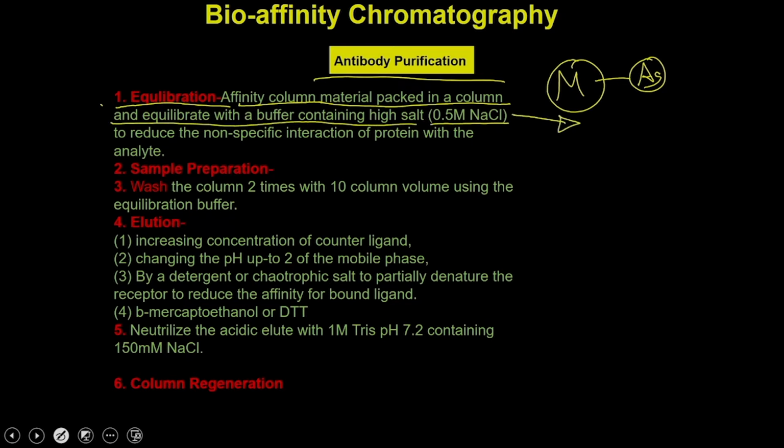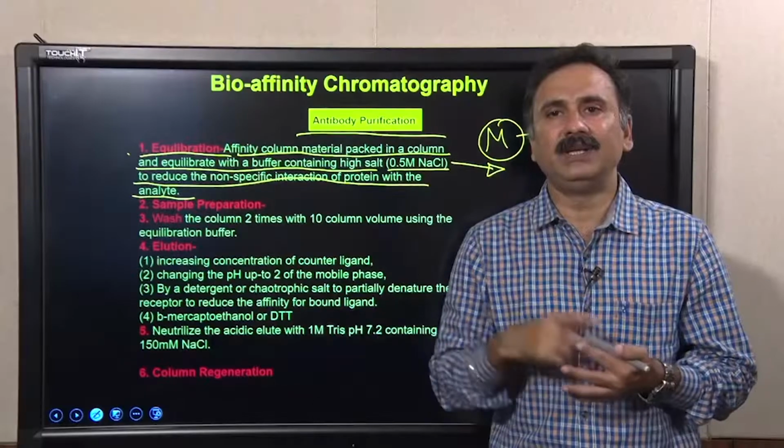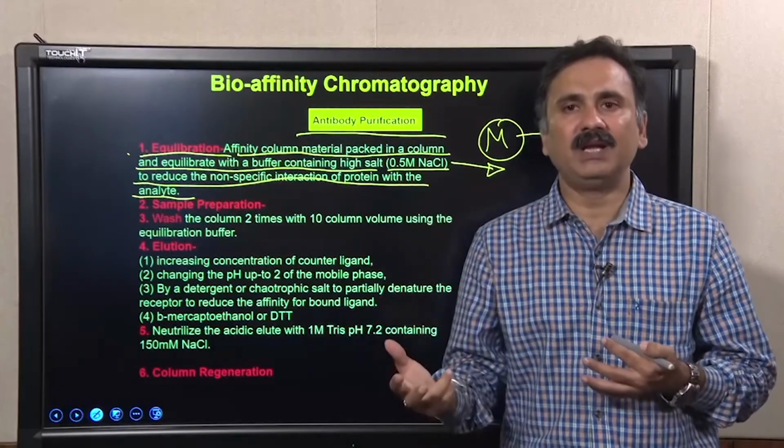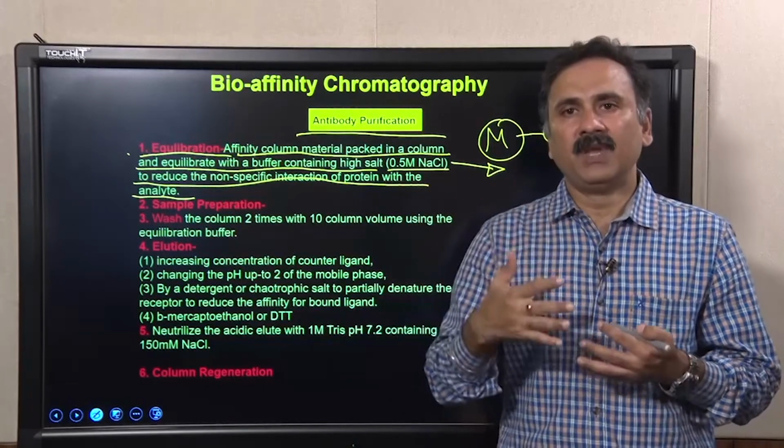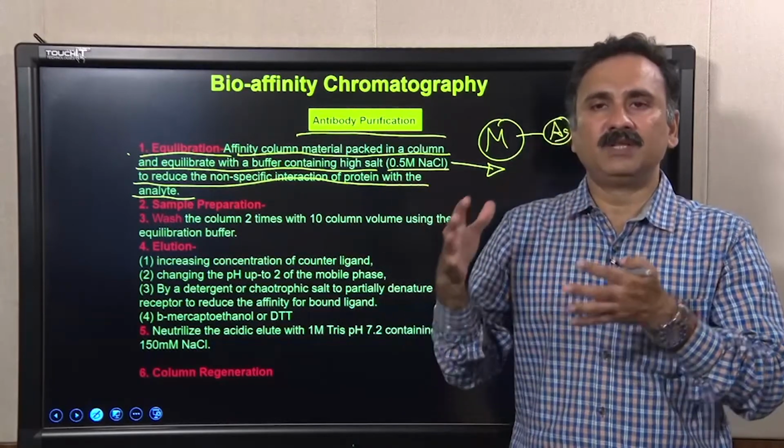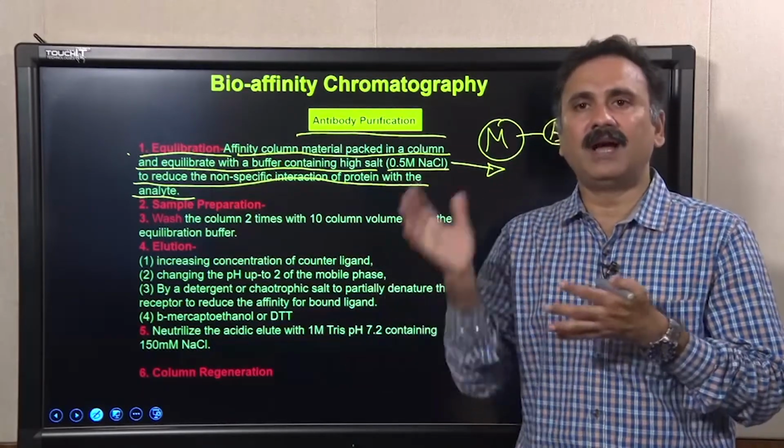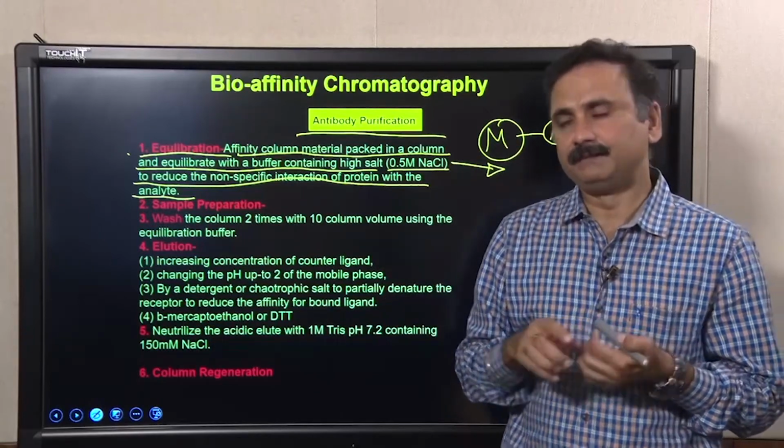This is because you want to reduce the non-specific interaction of proteins with the analyte, which means you want to disrupt the ionic as well as the hydrophobic interactions, so that the non-specific proteins present in the serum do not react with the matrix.